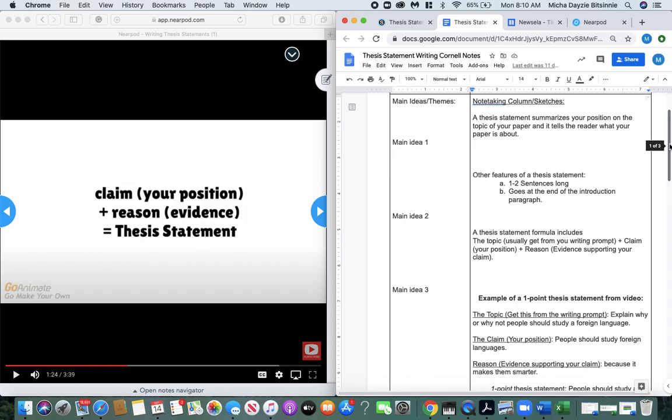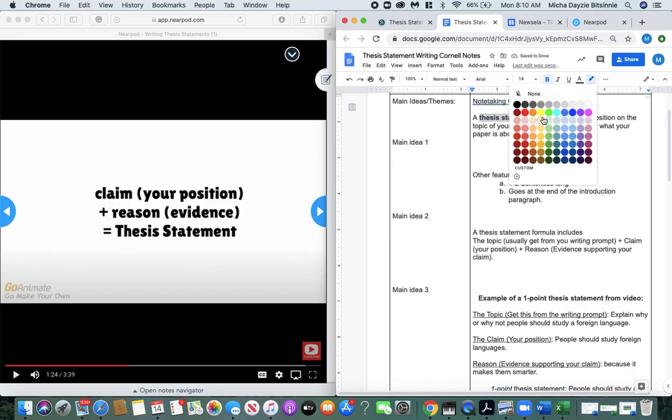But what I expect you to do is make these notes your own. For example, I would bold this out. I know this is the most important part; I like to use bold as something that stands out so that I know what I'm looking for.